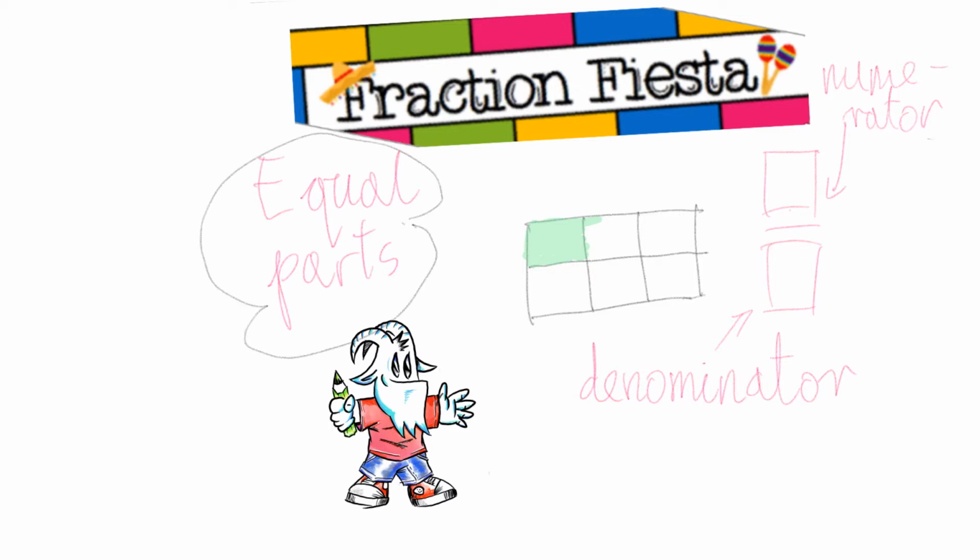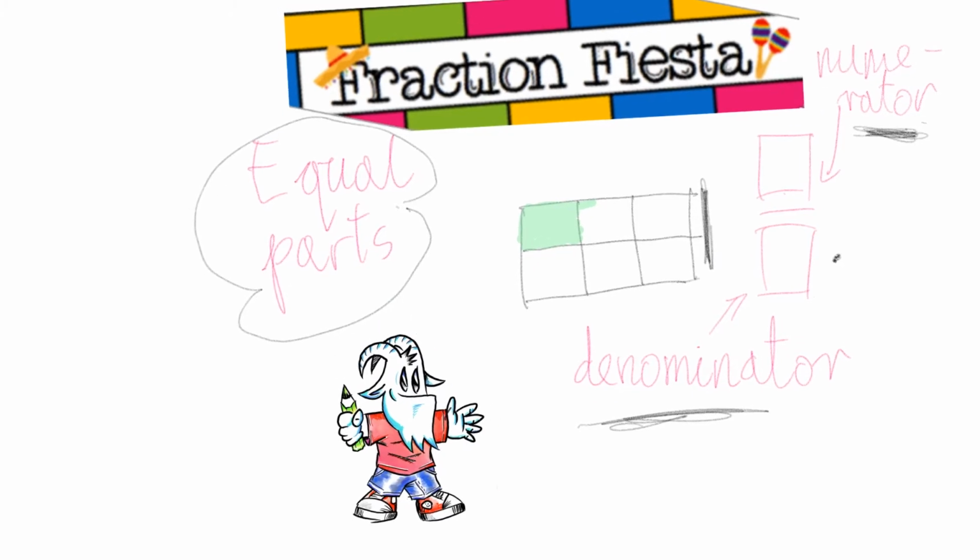The numerator tells me how many parts have I got, and the denominator will tell me how many parts there is altogether. If you look at my diagram, could you tell your friend, your adult, or your pet what is the fraction that Mr. K is showing right now?